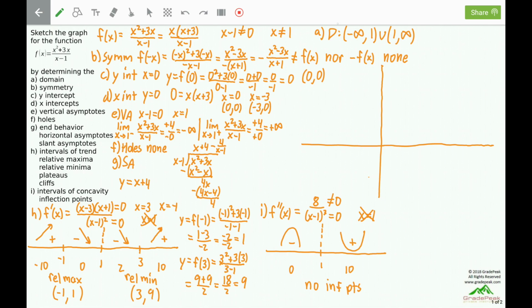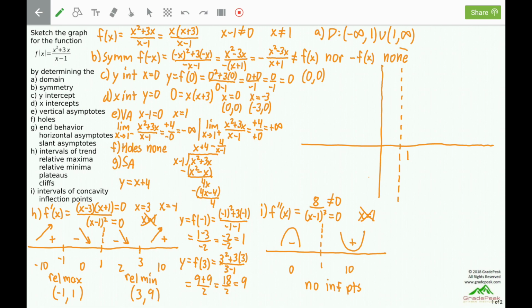We have the domain is all real numbers except for positive 1, and that's because we found positive 1 to be a vertical asymptote. So we can sketch that on here as a vertical dashed line, and label it right at x equals positive 1.